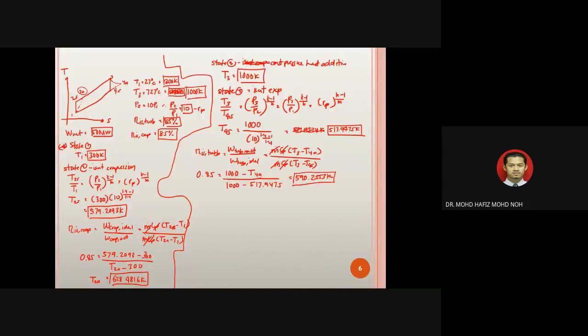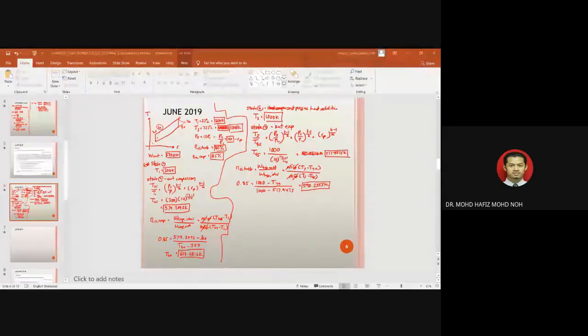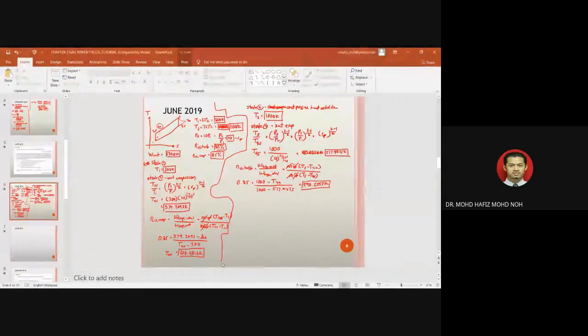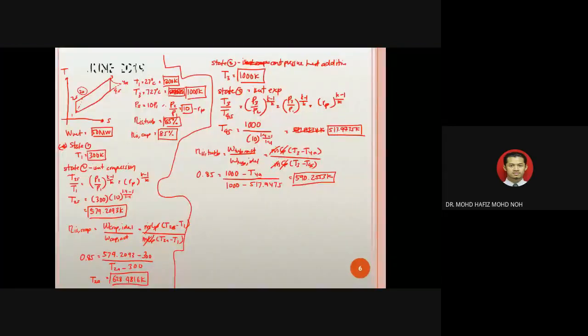Okay guys, we got all the properties. Let me check the values again. 590.2553. Okay, alright. So you have completed all the parameters in each state.